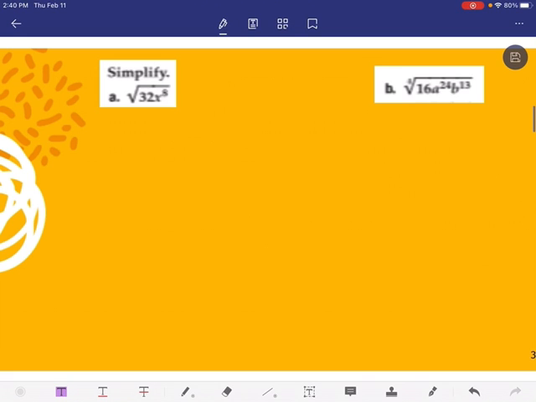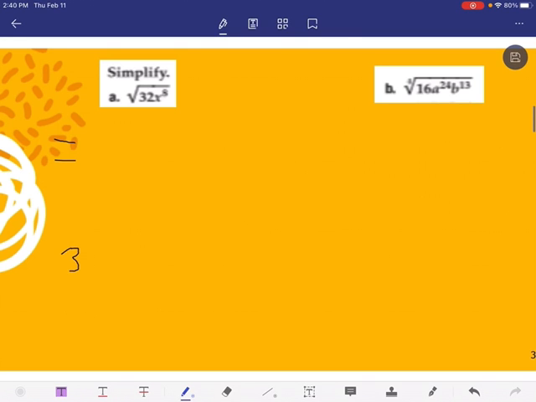So we want to look at, can we break this apart? Remember that our goal is to always have exponents for whatever index it is that we have. So in this case, our index is 2 because we don't have one.